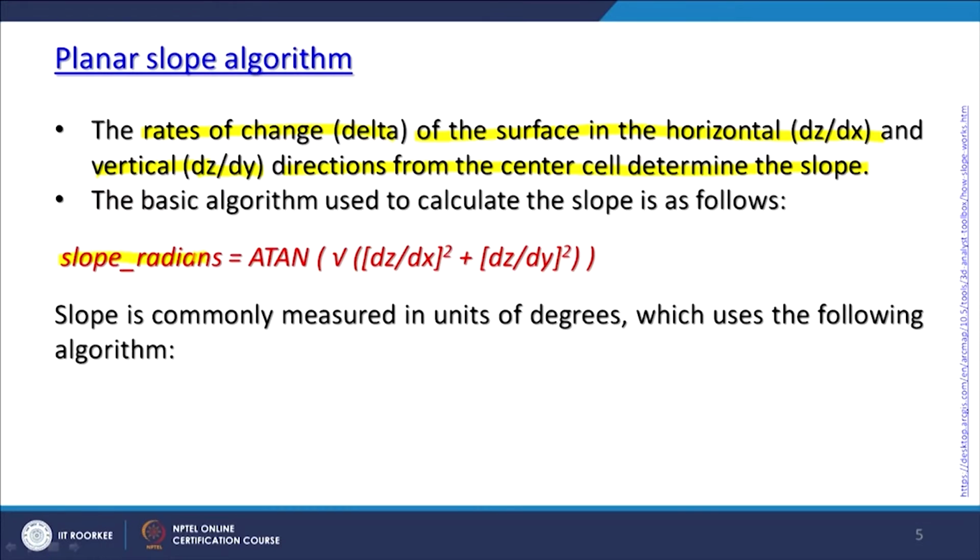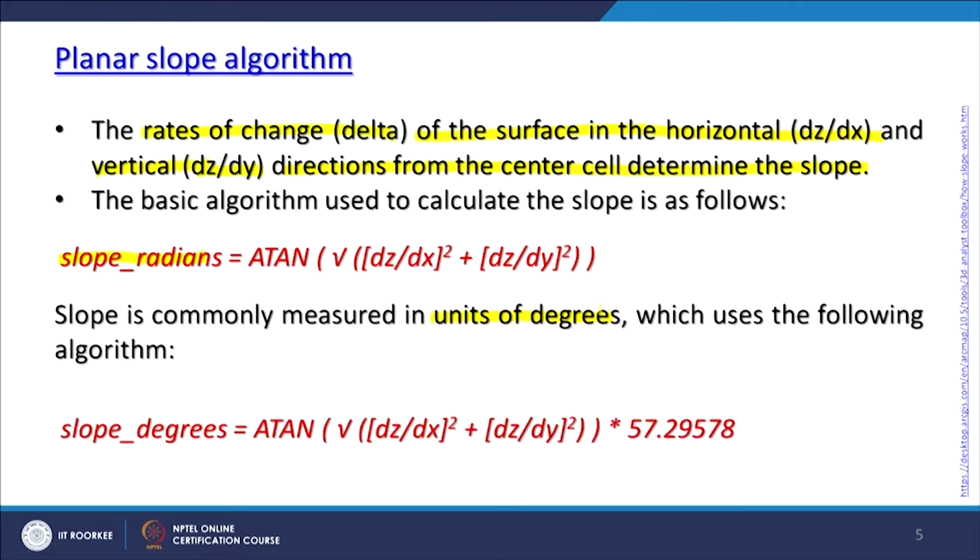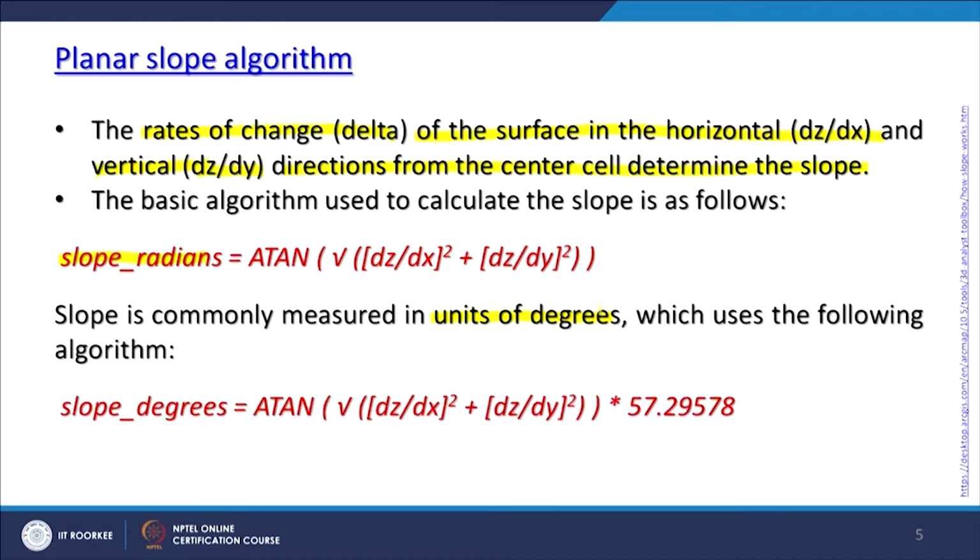Generally, the most preferred unit is degrees, and most of these software packages also have degrees as the default. So, if we have to calculate in degrees, we require the factor 180 by pi that we have already discussed. This will be required for slope calculation in degrees.